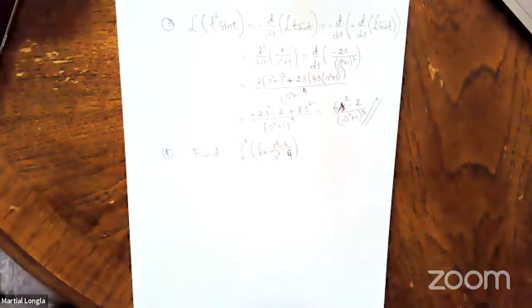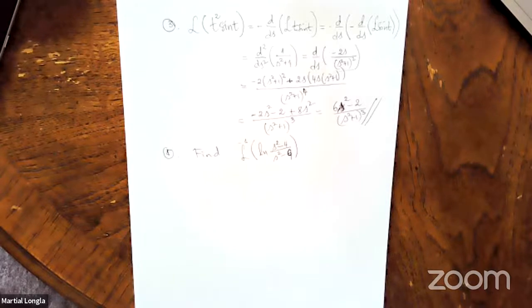So we say find the inverse Laplace transform of natural log of (s squared minus 4) over (s squared minus 9). And if you're not in this class now, you say game over.